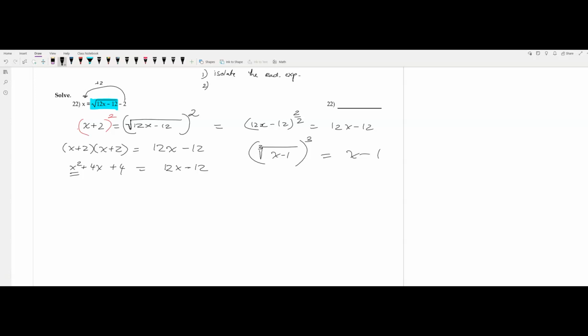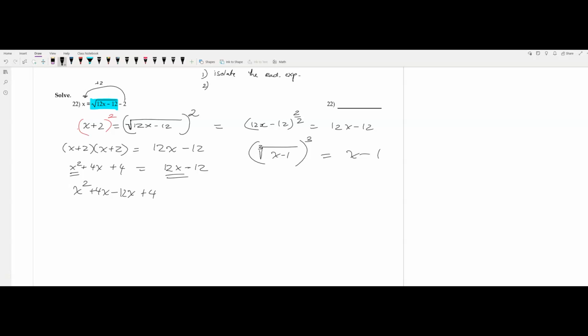So what I can do is to use my knowledge of quadratic equations to solve this. And what it requires is that I need to move everything to one side of the equation and make it equal to 0, right? So we're going to use the zero product rule. And so let's do that. So we're going to have x squared plus 4x. And I'm going to move the 12x to the left side and it becomes negative 12x.